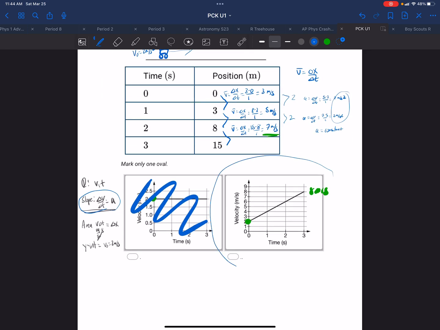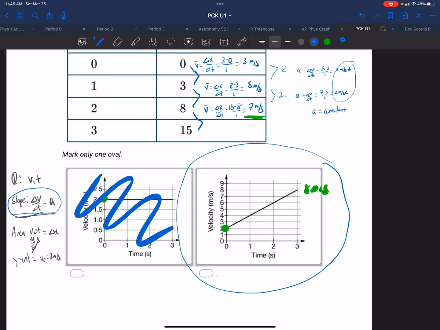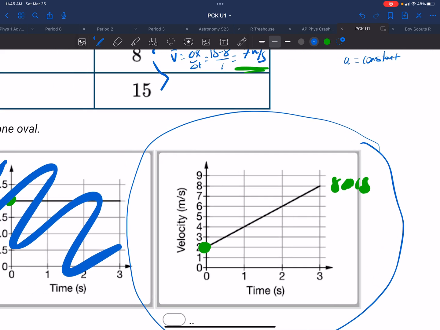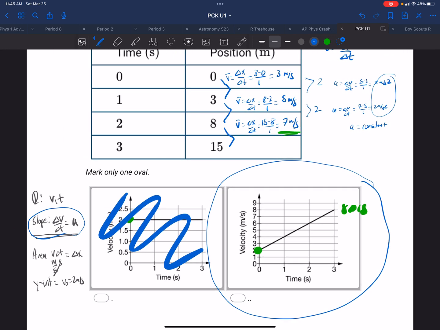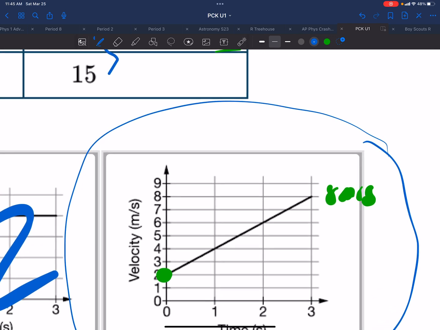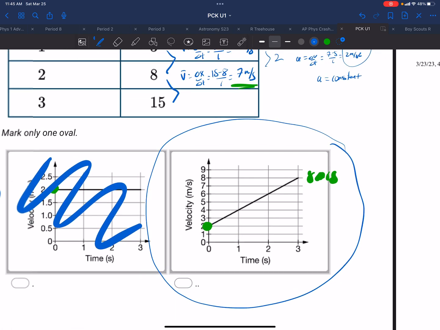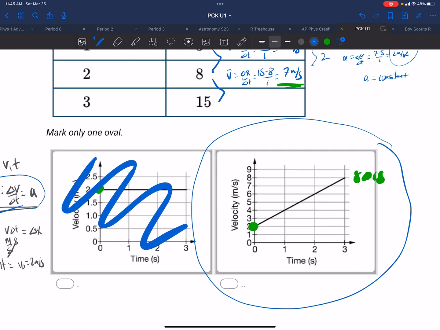Now you may be wondering about this final velocity that was 8 meters per second when we had an average velocity of 7. When something is accelerating, during this interval of time of 2 to 3 seconds, what we're saying is that the average velocity was 7.